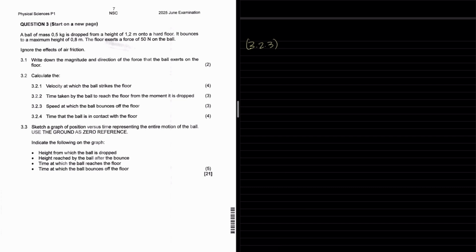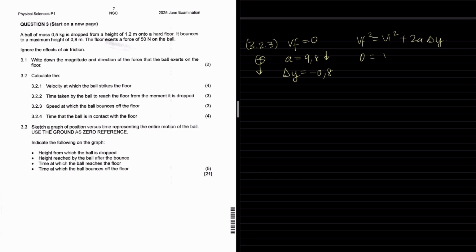So 3.2.3, if you write down the information that we know, Vf is 0, acceleration is going to be 9.8 downward, and since we chose down as positive, the displacement, the delta y, is going to be minus 0.8. Now we can use this information to calculate Vi. We can use Vf squared is equal to Vi squared plus 2a delta y.